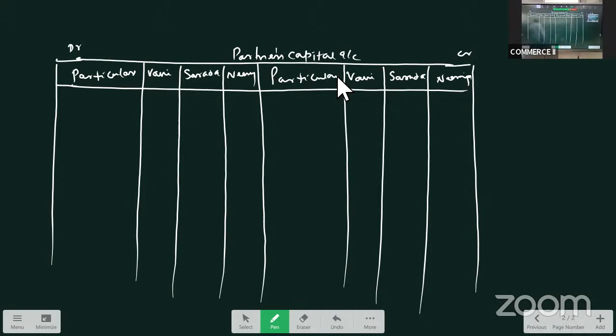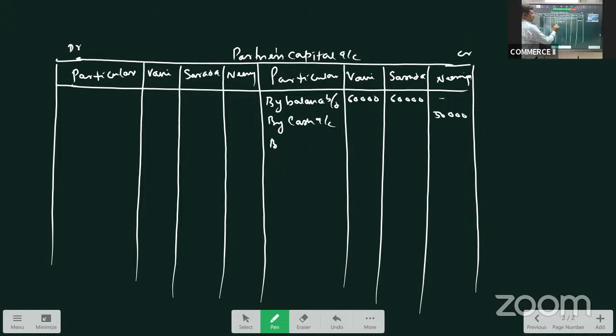What are the capitals given? 60,000 and 60,000, old partners' capital, by balance brought down 60,000, 60,000. Then the new partner, Neeraja, introduced 50,000 as capital. So that we write as by cash 50,000. This is the first entry.